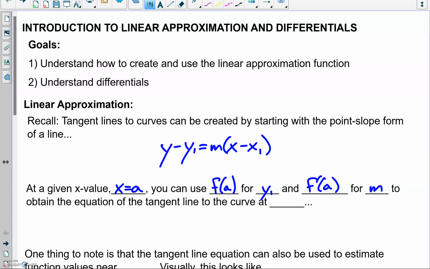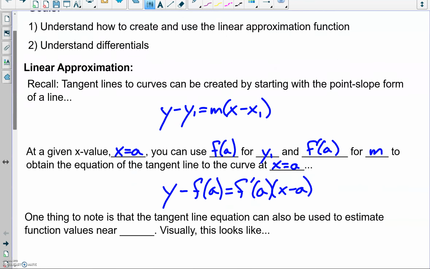Your derivatives give you slopes, so we can just use that for the m. If you use those, you can obtain the equation of the tangent line to the curve at x equals a. So you get y minus f of a equals f prime of a times x minus a. And you've already been doing this.